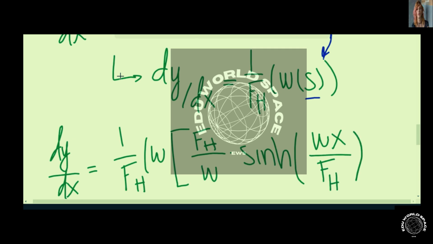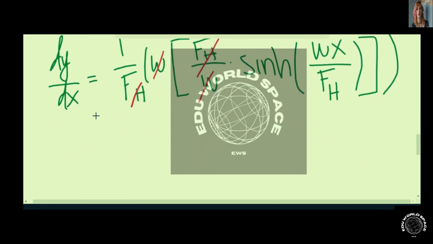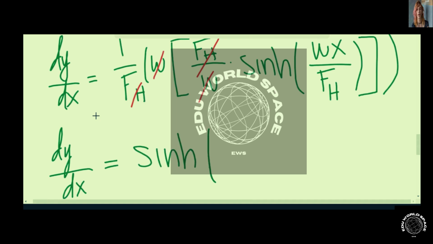Now we can go ahead and cancel out like terms. W cancels out, f sub h cancels out, and we're left with dy over dx equaling the hyperbolic sine of w times x over f sub h.